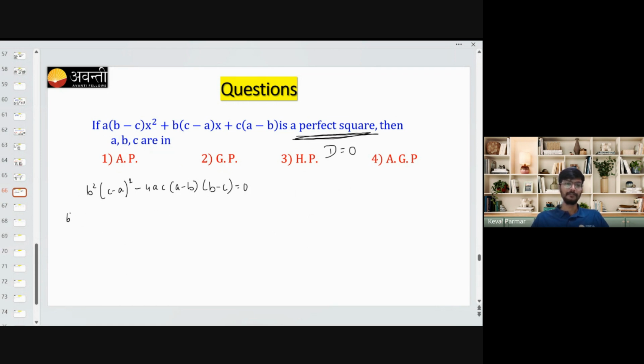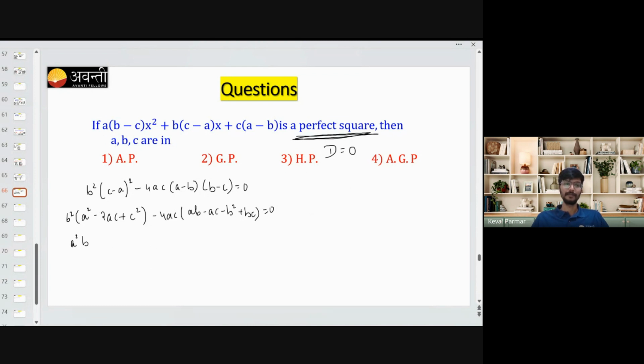So what do we have here? If you open the bracket, I'll get a square minus 2ac plus c square minus 4ac into ab minus ac minus b square plus bc equals to 0. Let us open the bracket.